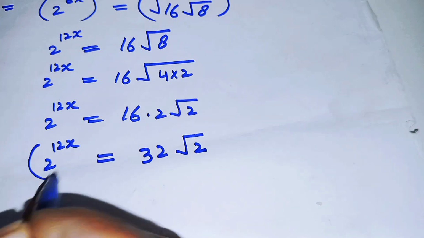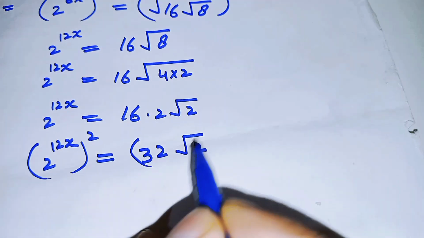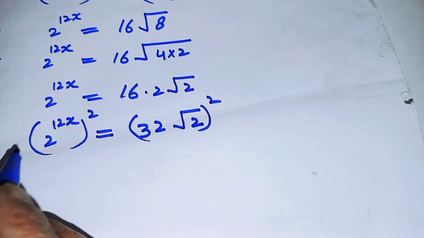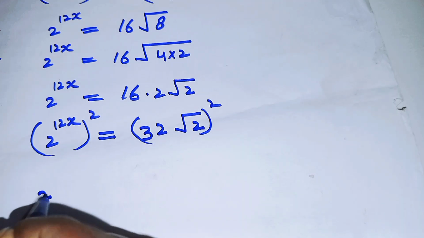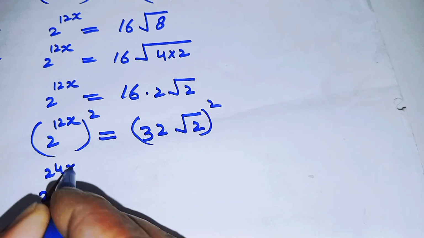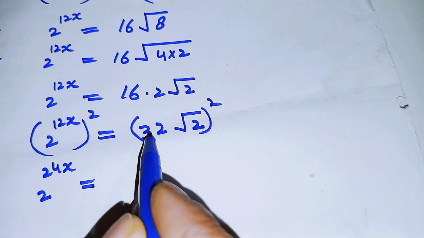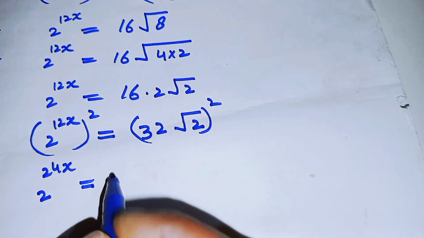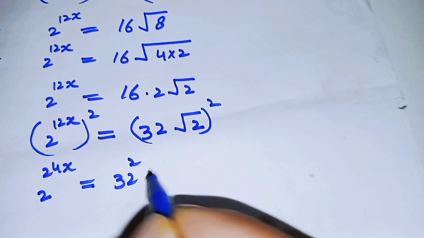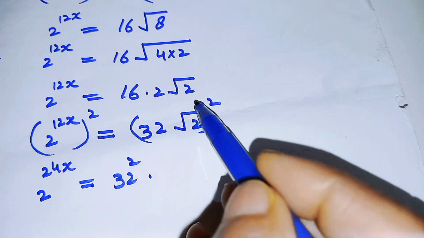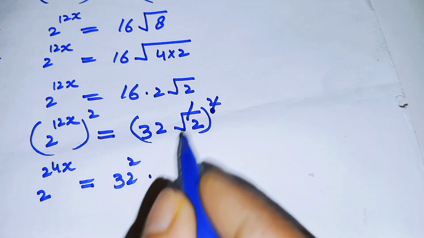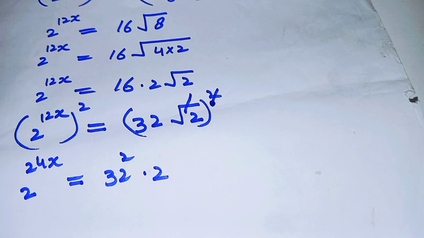And here we square both sides. So multiply powers: base 2, and 12 multiplied by 2 is equal to 24x, and it is equal to 32 squared, times the square root of 2 squared, where this square root cancels with this 2, leaving times 2.